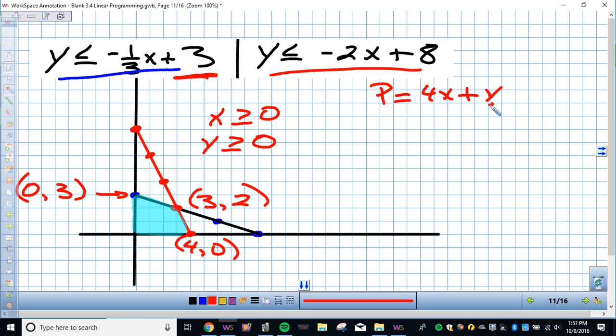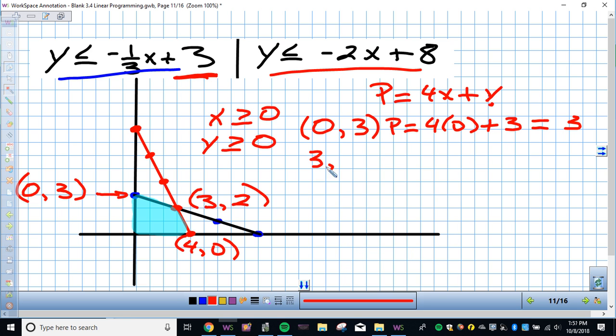So 4 times 4 is 16. What's another idea? What's going to give me the smallest on here? 0, 3, right? Because 4 times 0 is 0 plus 3, I'm going to get 3. So I'm just going to show that real quick. So 0, 3, p equals 4 times 0 plus 3, which equals 3.